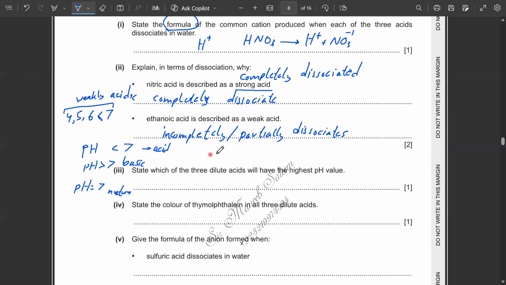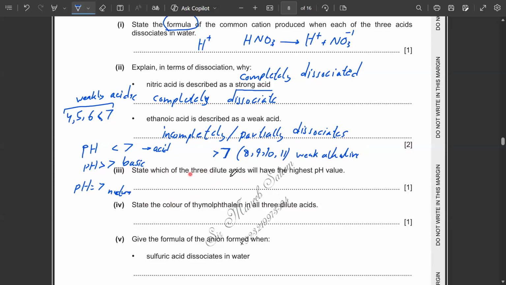And any value which is just greater than 7 but closer to 7, for example 8, 9, 10, 11, will belong to weak alkaline nature.